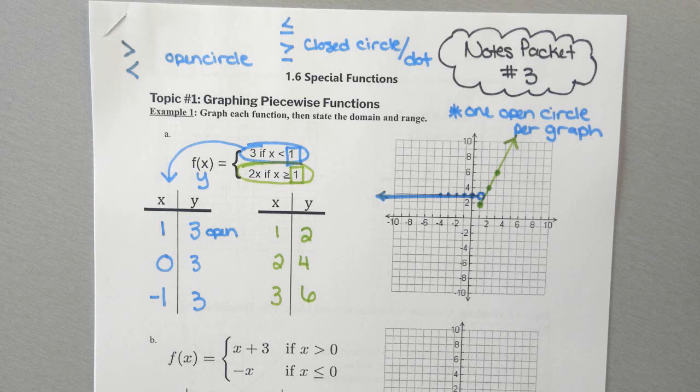I always think about a laser pointer: if you click it on, it's got a starting point, and then it goes forever. So that's what these are going to do. This is where it starts, and then it goes off forever.